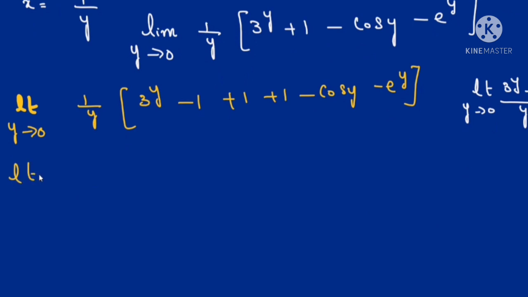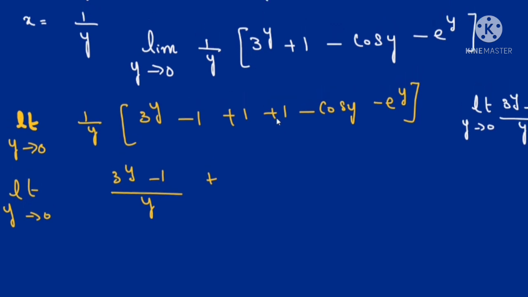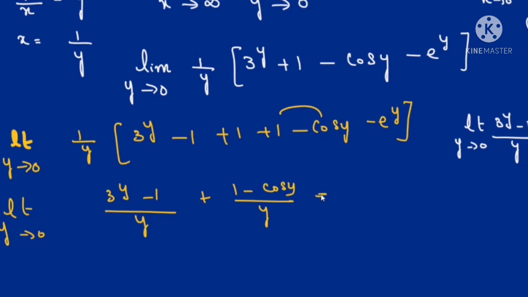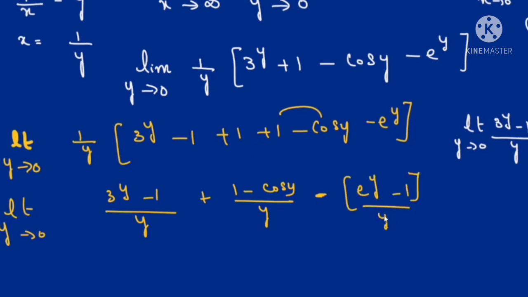Now write this as limit y tends to 0, 3 power y minus 1 by y plus 1 minus cos y by y, where we can group these two, then minus e power y minus 1 by y.